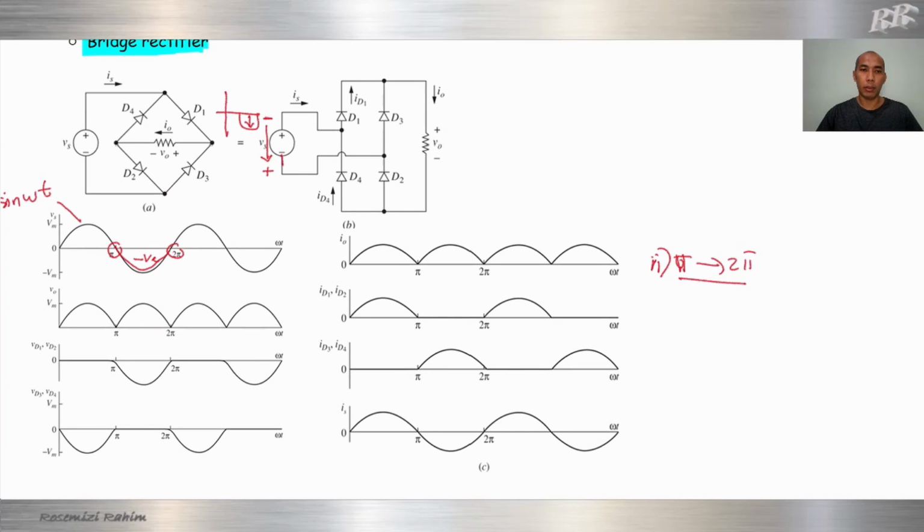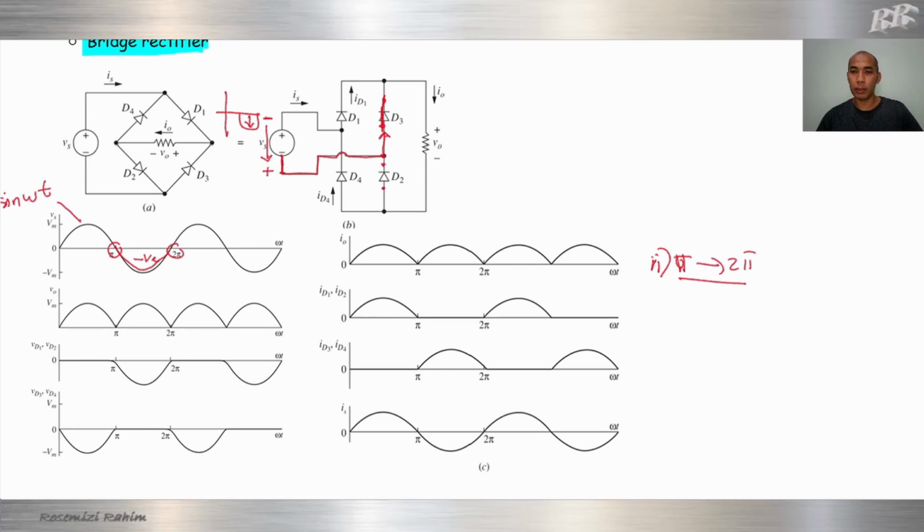Alright. Current will flow from the positive terminal and go to this point. Current goes this way because diode D3 is forward bias, short circuit. Diode D1 is reverse bias, open circuit.